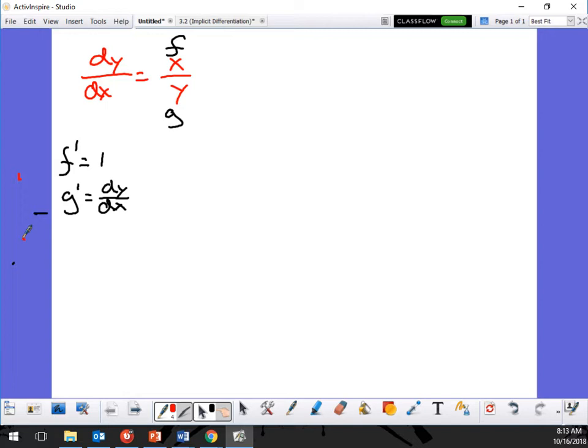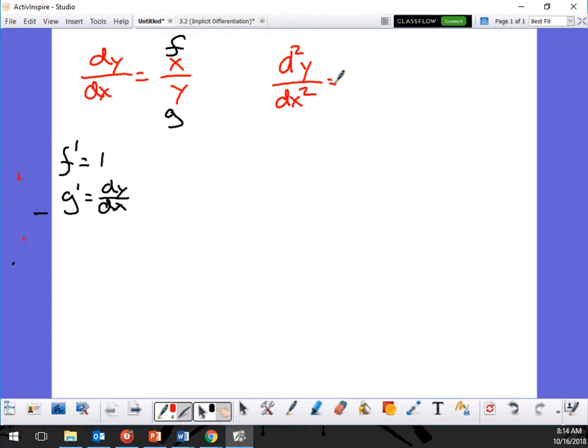So this is going to turn into the second derivative of y in terms of x. Now, that's going to be equal to. Now, let's go ahead and plug it in. So it's going to be, remember, it's f prime g, minus g prime f.